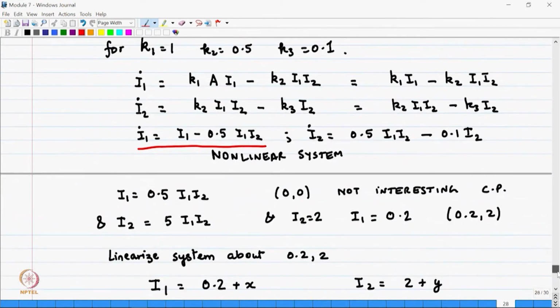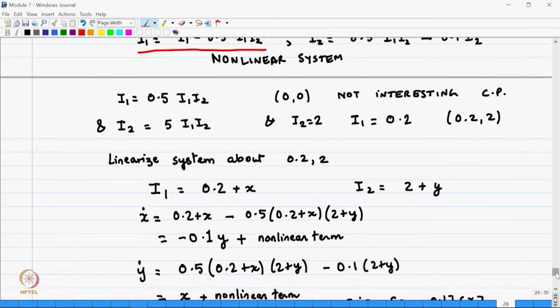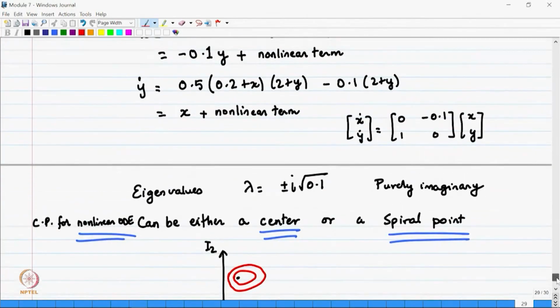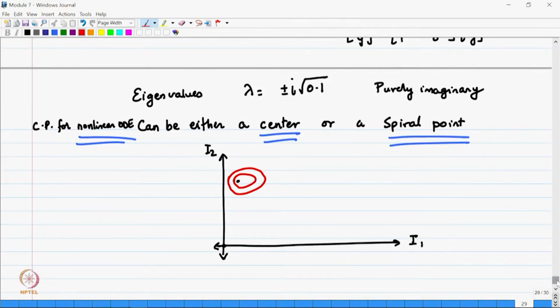And if you go around the critical point, so if you look at the linear system, then you have x dot equal to minus 0.1 y. So in this case if y is greater than 0, the rate of change of x is negative around this point. So you have for y in this region, trajectories like this. You could also have it be a spiral.